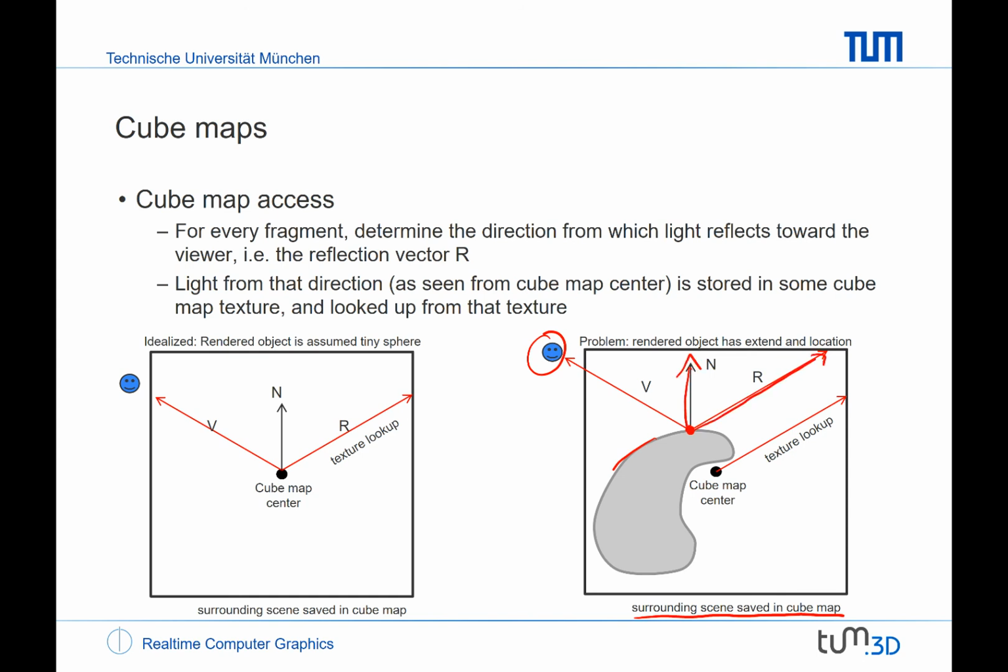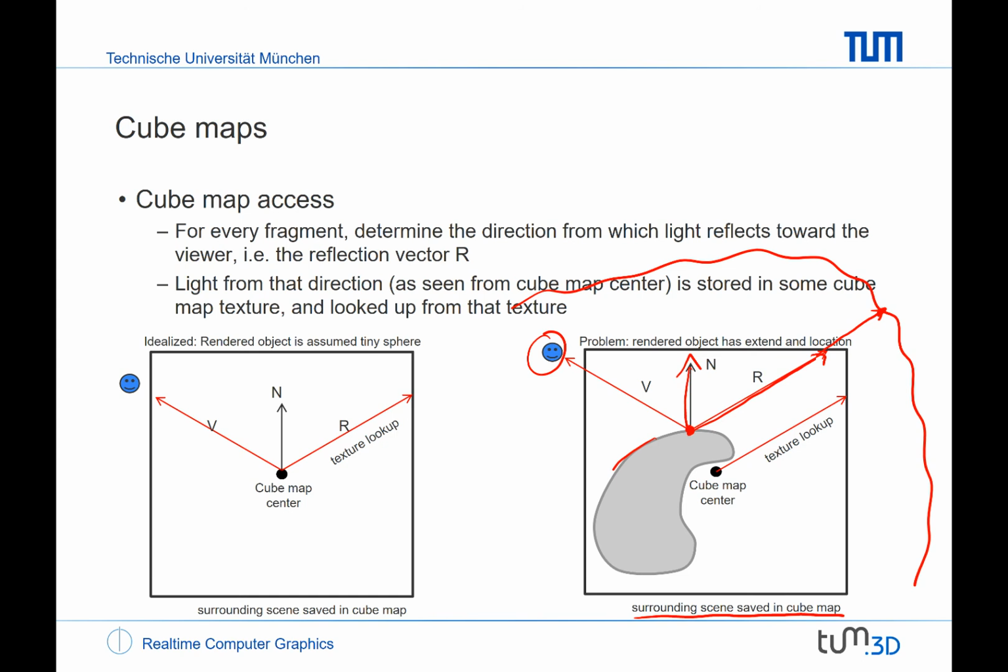And again, if this would be our surrounding environment, the reflection vector indicates which point of the surrounding is seen along that direction and is then reflected over that point here towards the viewer.